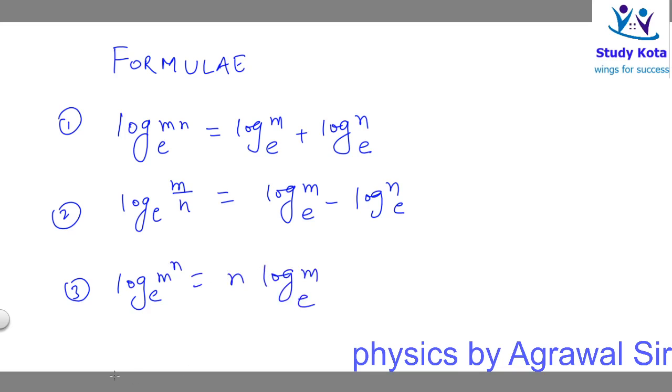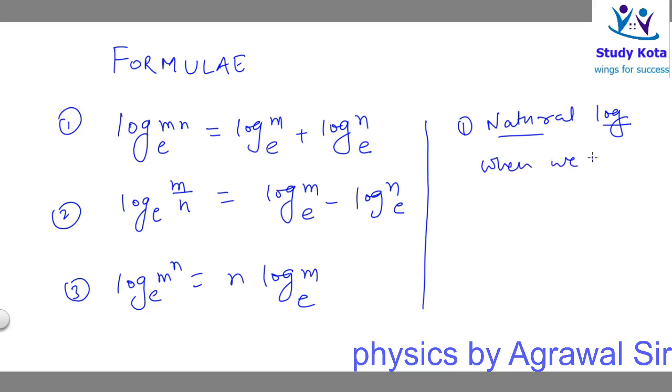Okay. So guys, let you know that there are two types of system of logarithm. First one is natural logarithm, when we use base e, the value of which, बच्चों, is 2.71.